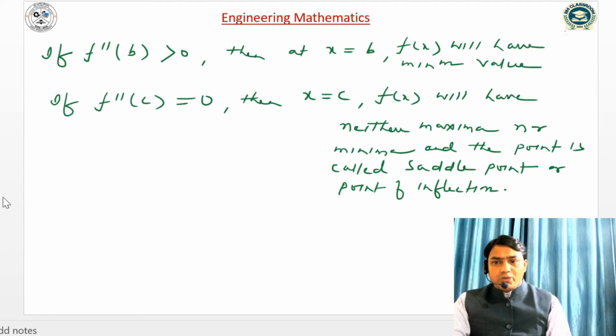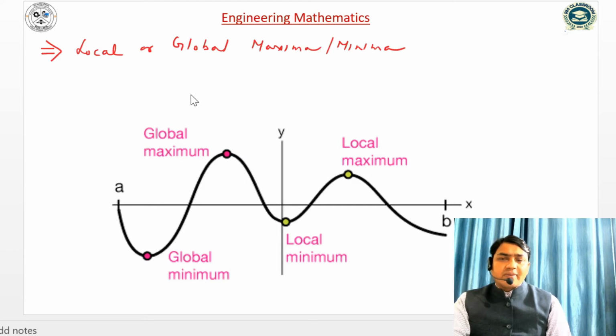Generally we discuss two types of maxima or minima, called local or global maxima or minima. If a function attains a maximum or minimum value for a given range, then such maxima or minima is called local maxima or minima.